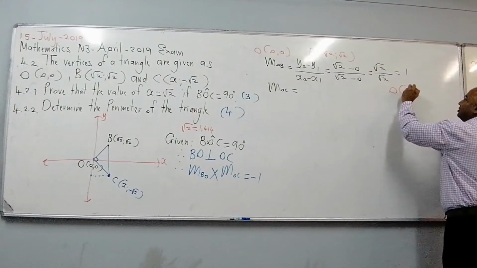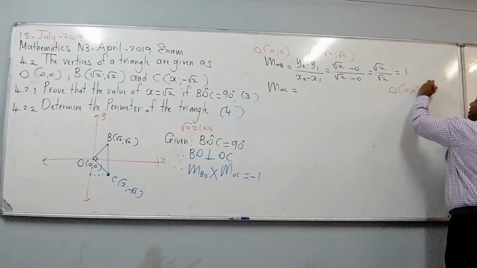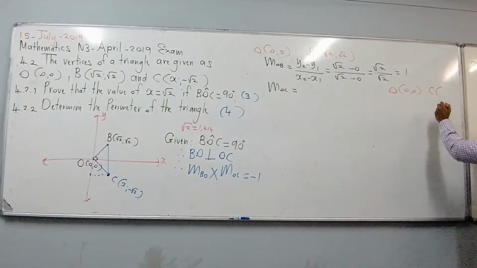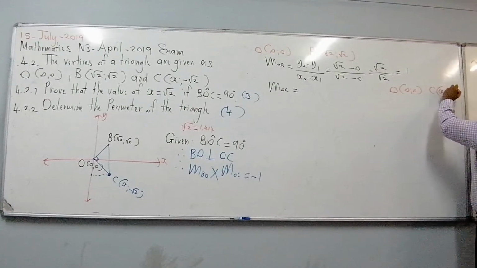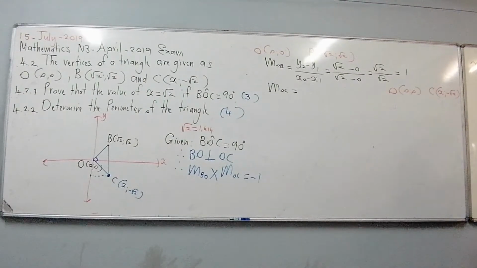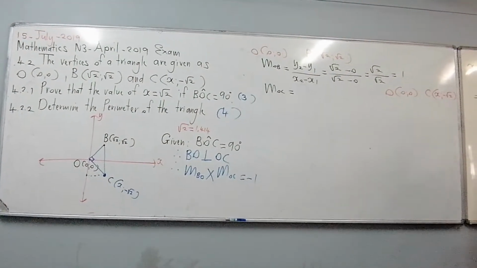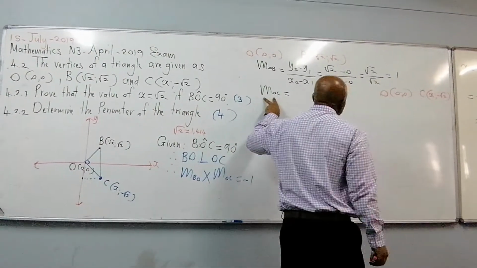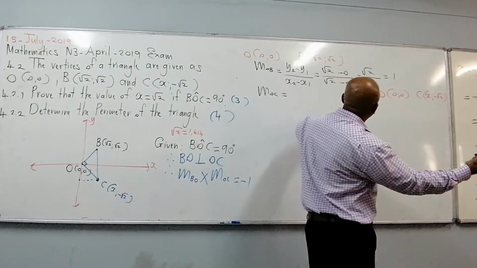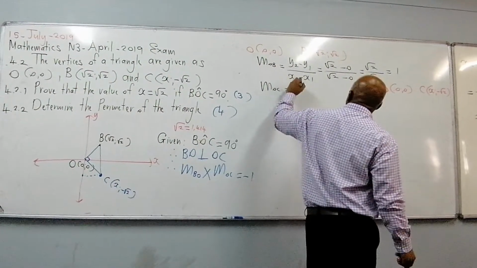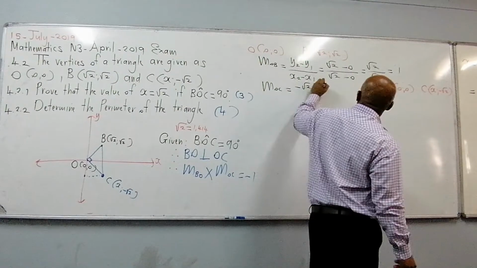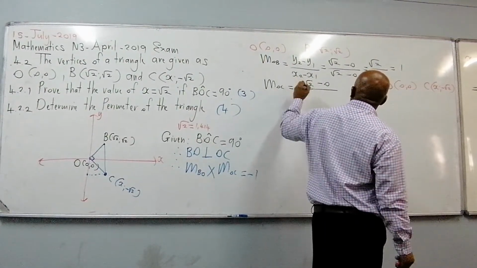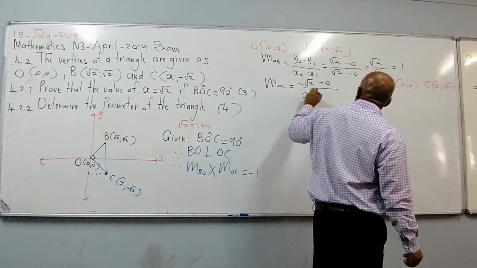So we got O, and then we have C. C is the one with the unknown variable there, which is x and minus √2. Okay. So the gradient of OC there is going to be y2 minus y1, which is minus √2 minus 0 all over x2 minus x1, which is x minus 0.